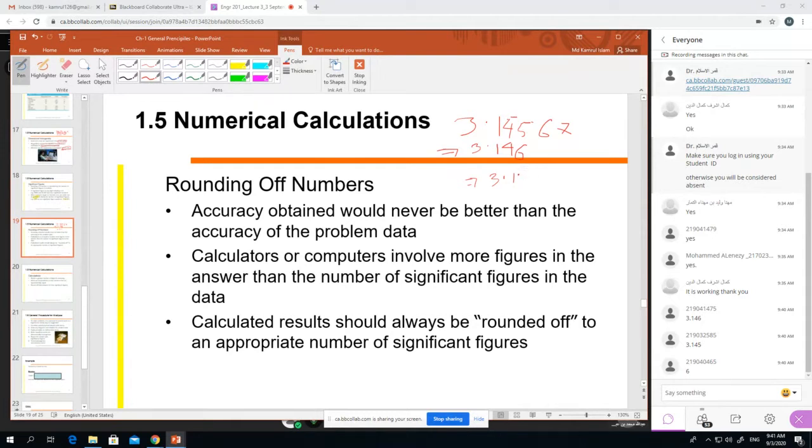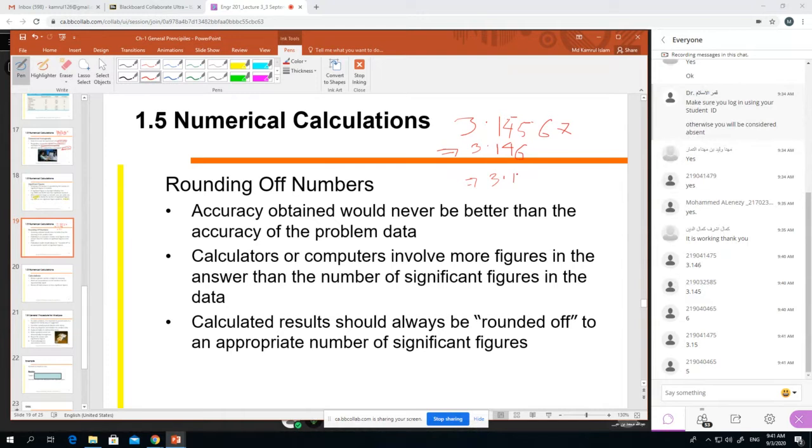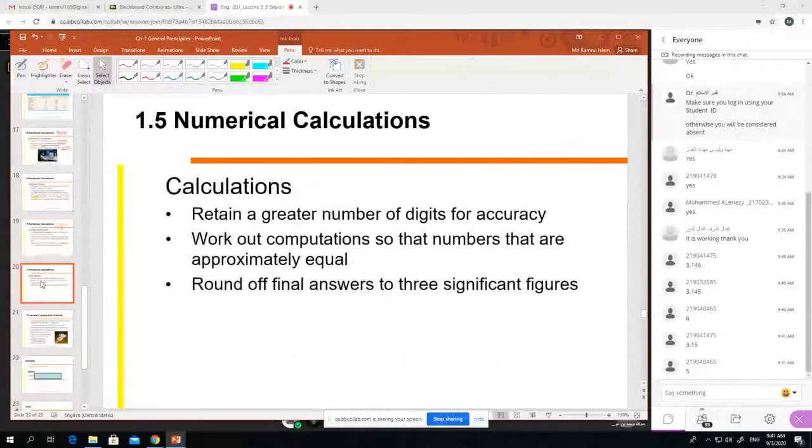Tell me 3 point. Answer please. 3.15. Yes. So this is called round off. So the accuracy obtained would never be better than the accuracy of the problem data. The calculator or computer involves more figures in the answer, so a calculated result must always be rounded off to the appropriate number of significant figures, right?